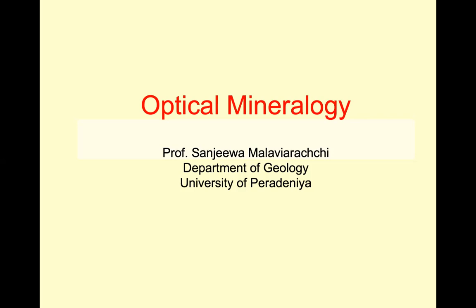Can anyone guess how this name came? Any idea or any guess? Did you learn about the Earth's composition under this course, under this gemology MSc? Yes, sir. Yeah. So you learned.